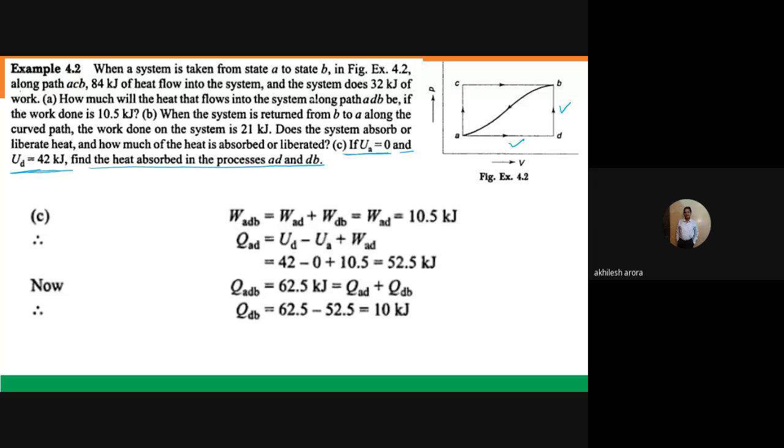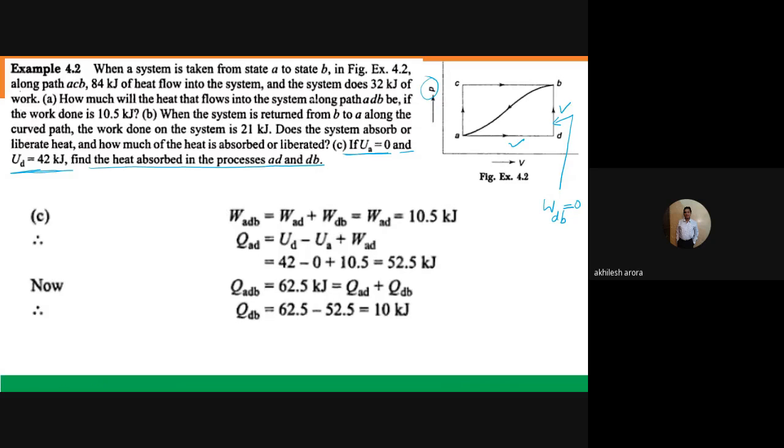First of all, if I take this particular process BD, what will be the value of W in this case? Here, W D to B. What is the value? Can anybody tell me? It is a PV diagram. It is 0. Okay.